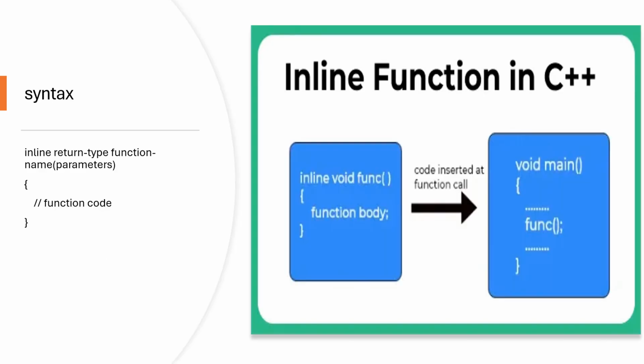See, by this example, we can see how to use an inline function in C++. Inline void function, this is the function body. Code is inserted at the function call in the void main function.